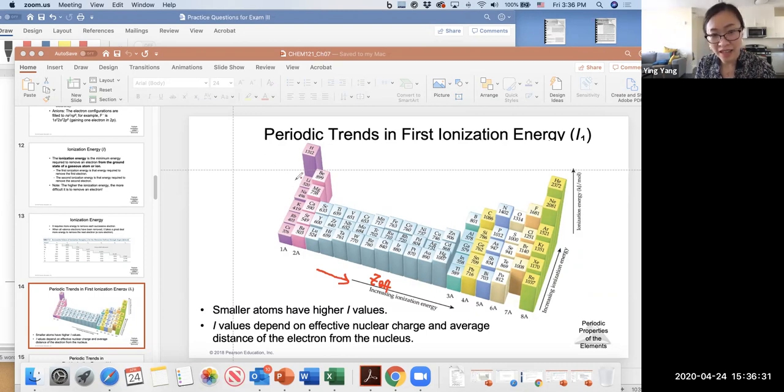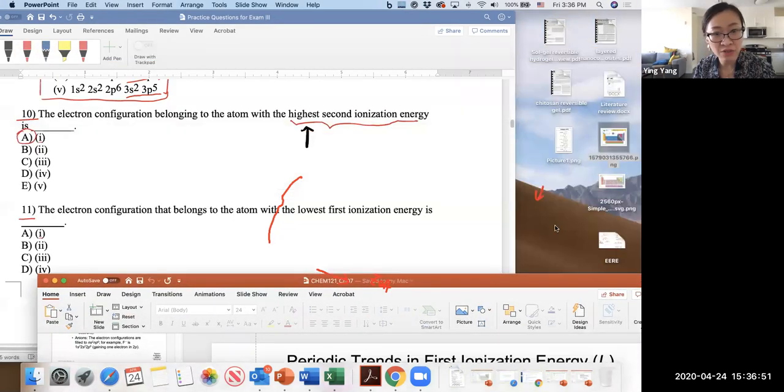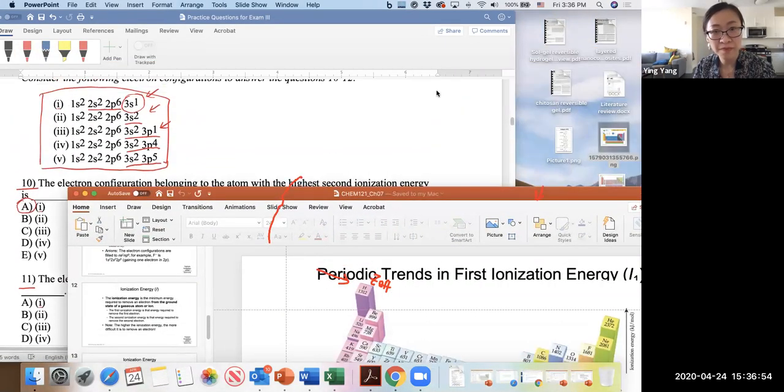However, if you look at this end, the first ionization energy is especially low for these metals, but very high for these non-metals. So coming back to this question, which one would be easiest to remove? Which electron, the first electron, would be the easiest to remove?